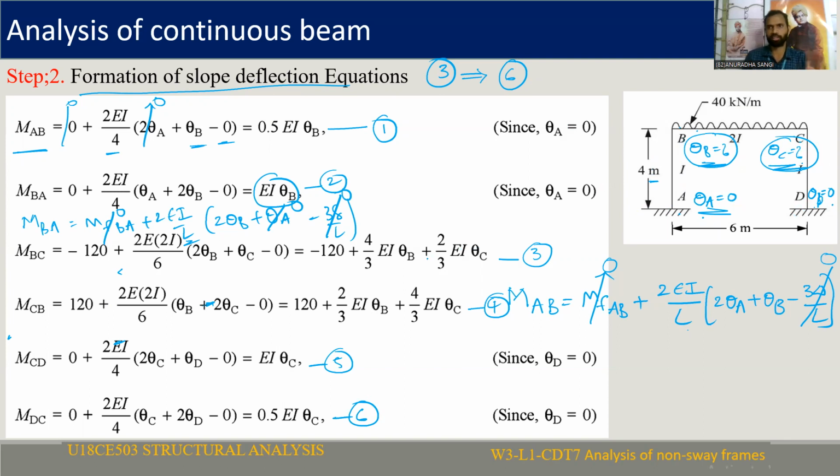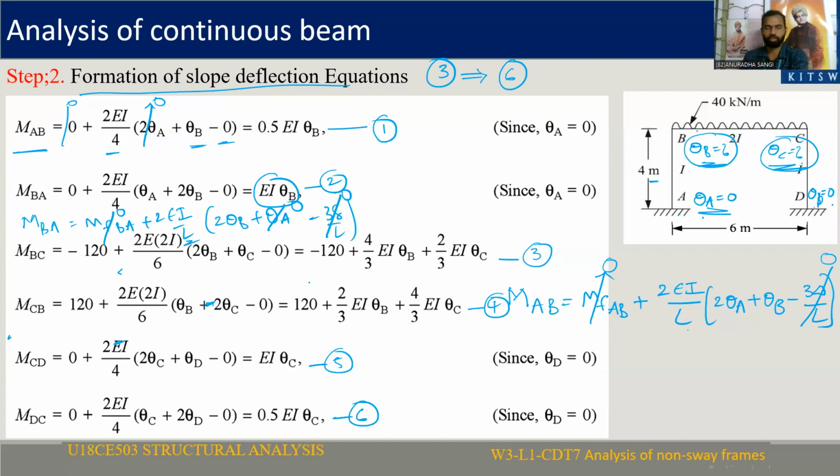You solve it and get 6 equations. You name those equations 1 to 6; equation 1 for AB, 2 for BA, like that for all the moments.